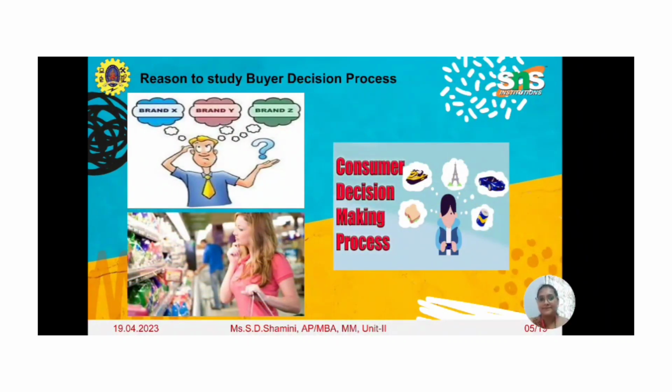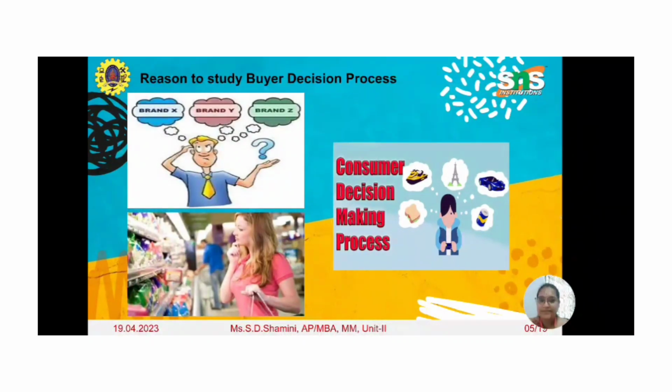In this world, we have so many brands for a single product. The consumer or the customer has a mindset whether to buy or not to buy a product from a particular brand. They have an oscillation in their mind about whether to buy it, because they don't know about the product.